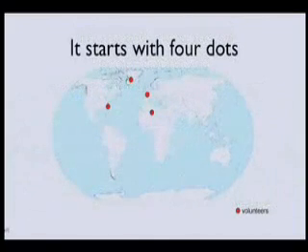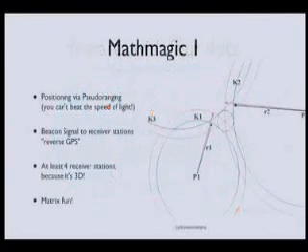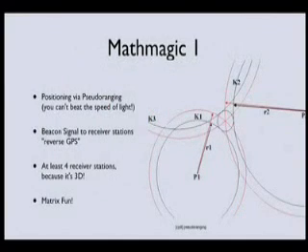So how do we start? First of all, we need 4 dots, and these dots are reception stations. We want to have some kind of reverse GPS. You need at least 4 GPS satellites sending signals, and your handheld device can calculate where it is. We want to have it backwards. Your handheld device will send out something to the reception station, and then we calculate backwards.